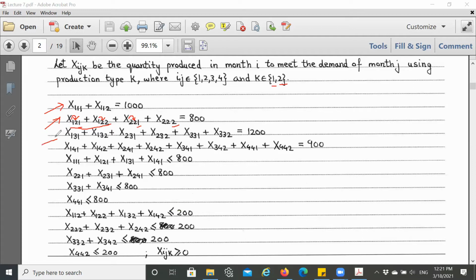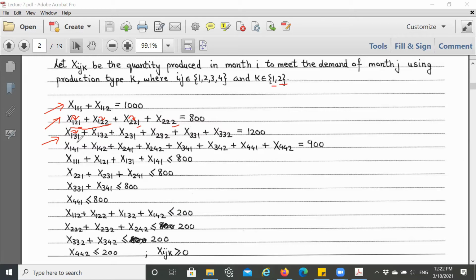Similarly, you do the same thing for this. Is it clear? Now, keep in mind the question that you may ask is, can I carry over from more than 1 month? And the answer is yes. We are assuming that I can produce in month 1 for month 3, because I know the estimated demand in advance.